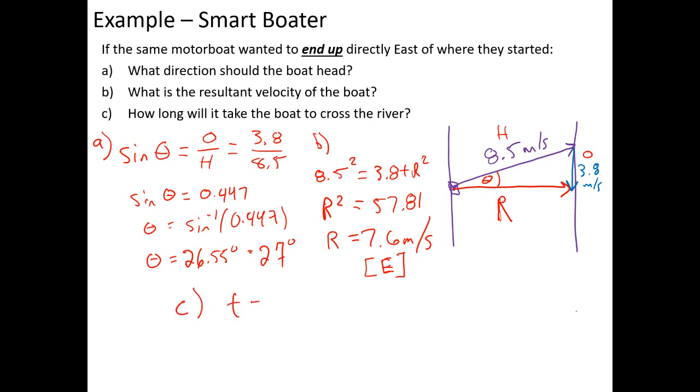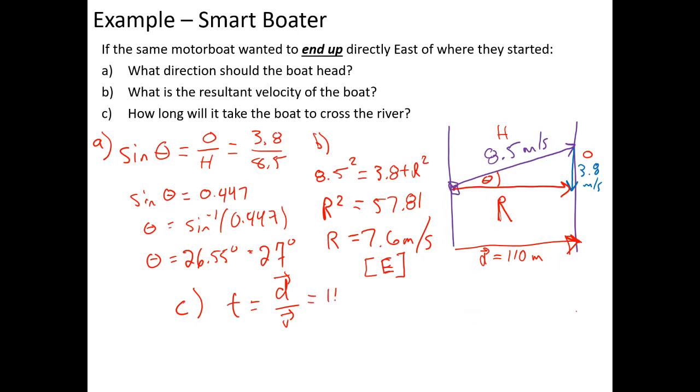How long would it take to cross the river? This is a time question, where we have displacement over velocity. Our displacement vector, reminder, is that 110 meters pointing directly across the river, to the east.